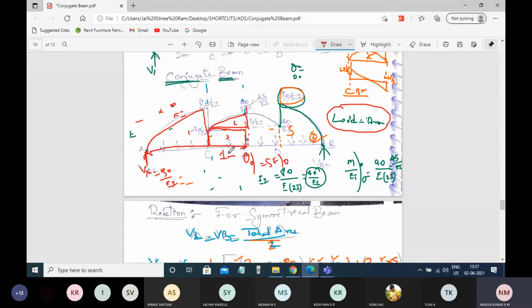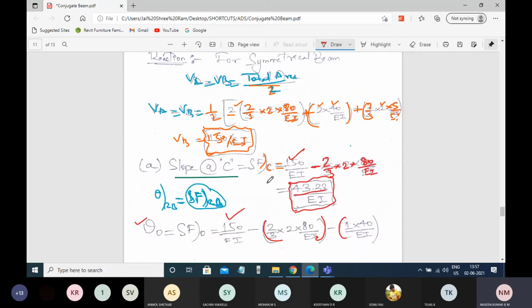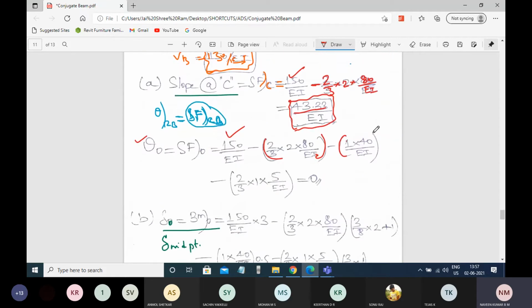From C to O the distance is 1 meter, and the intensity of the moment for the rectangle is 40 by EI, so that is 1 times 40 by EI. Similarly, the small quadrant area is 2 by 3 times 1 times 5 by EI. If you simplify this, it will be equal to 0.